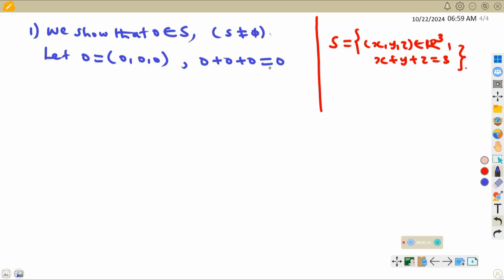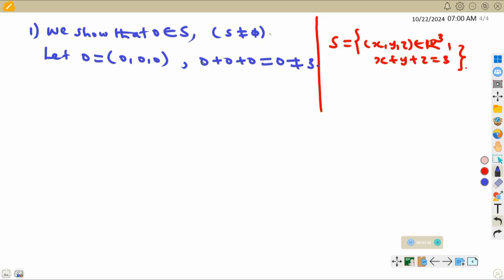So clearly, you can see that this 0 is not equal to 3, because when you add the x, y, and z components, if it belongs to S, it should satisfy this condition, which is x plus y plus z equaling 3. For our case, x is 0, y is 0, z is 0.